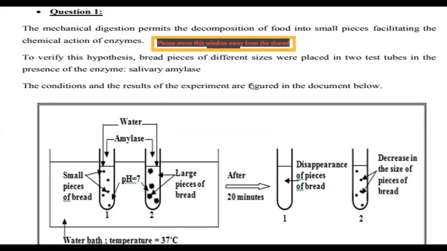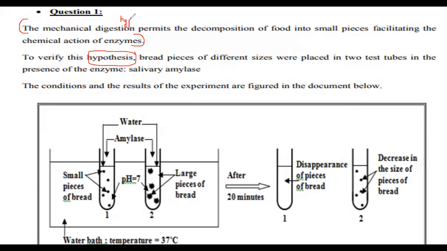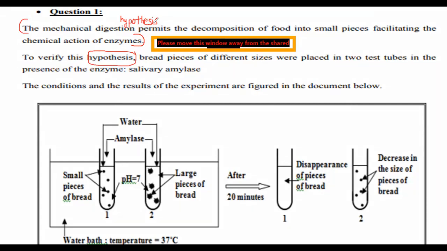The hypothesis is mentioned here in the text: the mechanical digestion permits the decomposition of food into small pieces, facilitating the chemical action of enzymes. Always, the hypothesis comes before the sentence "to verify this hypothesis." So this is the hypothesis.